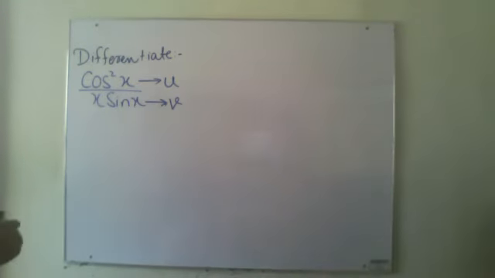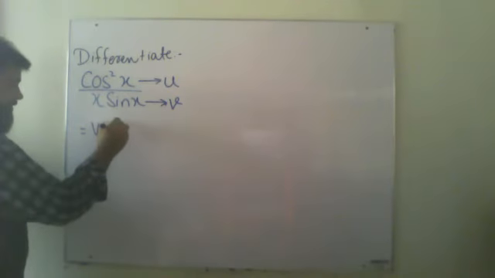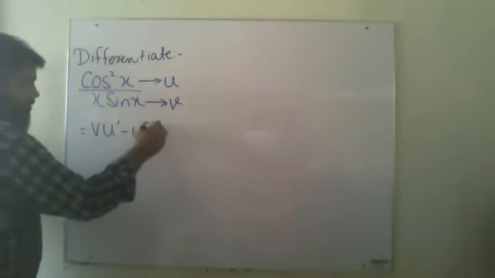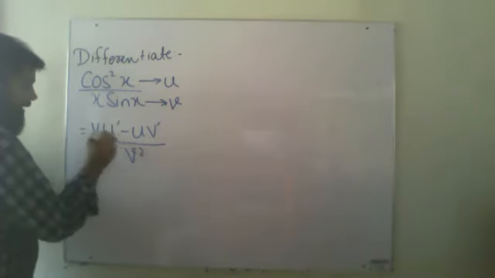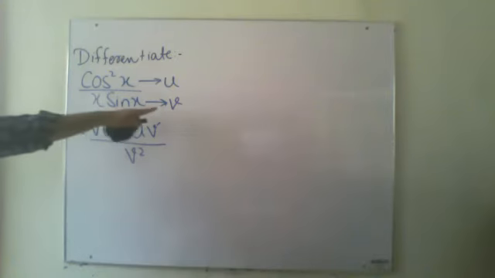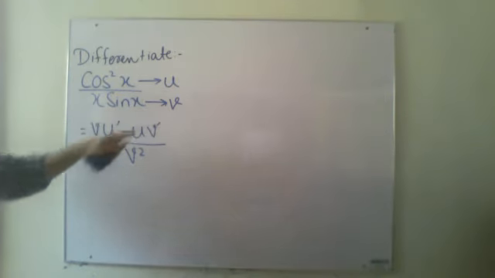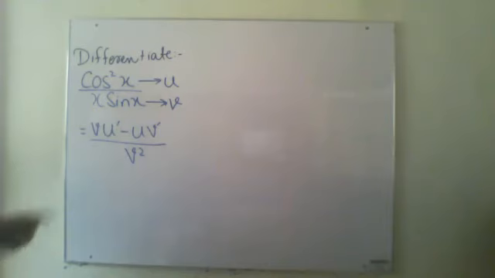I know that the formula says v u differential minus u v differential over v square, right? So I have got v, I have got u, and v square. What's missing? u differential and v differential is missing. So I'm going to solve it over there on the formula.